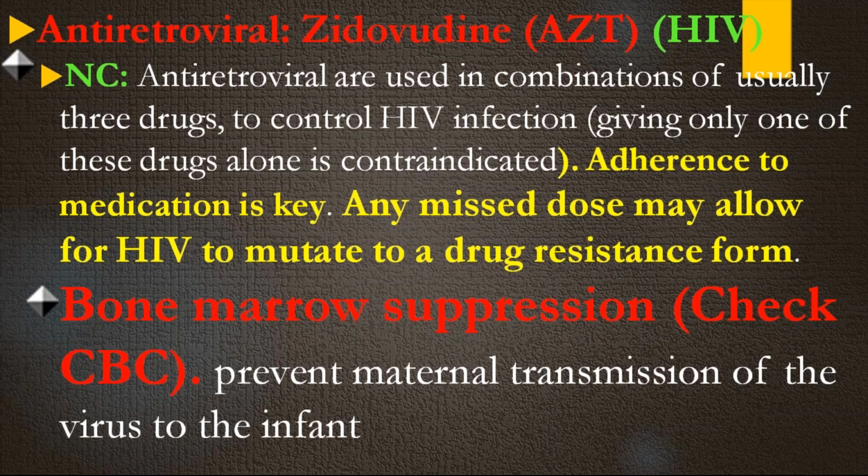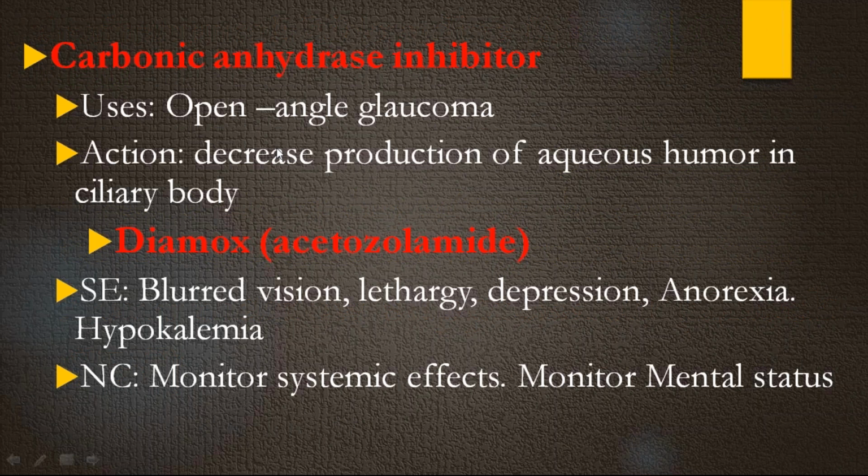The bone marrow produces three lines: white cells, red cells, and platelets. If they are being suppressed, zidovudine can decrease the production of these elements. Low red blood cells cause anemia; low platelets cause thrombocytopenia; and low white cells give you a risk for infections.